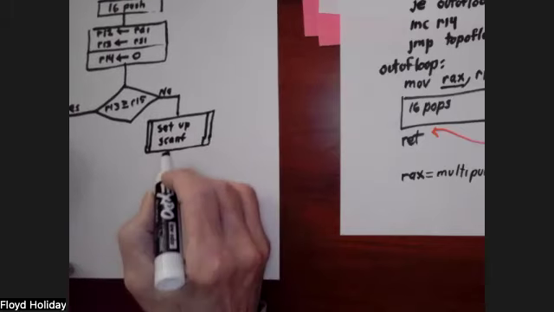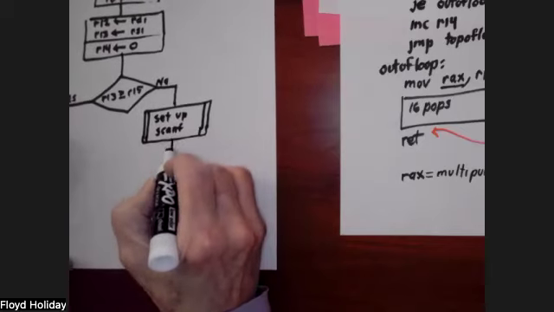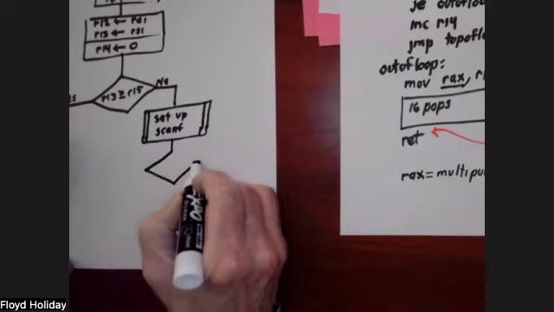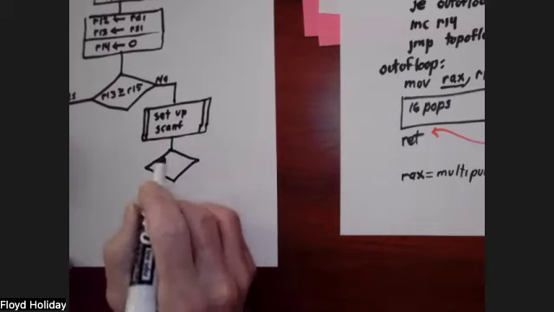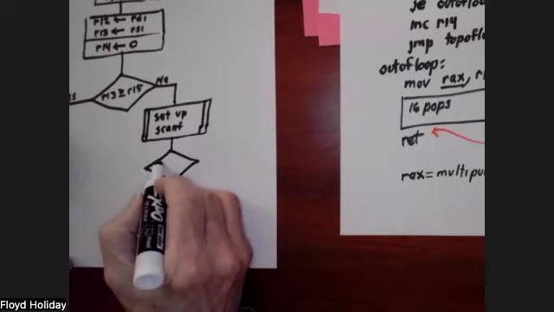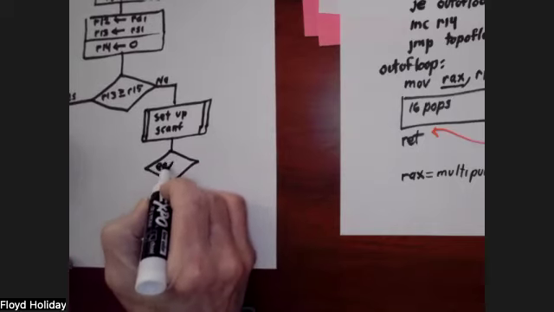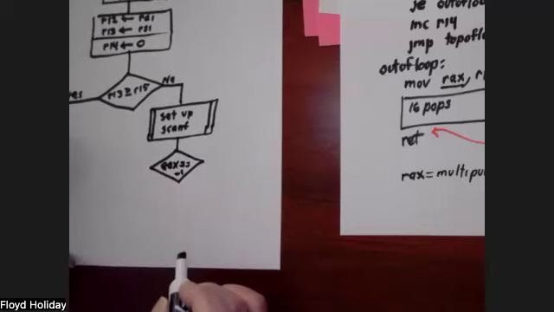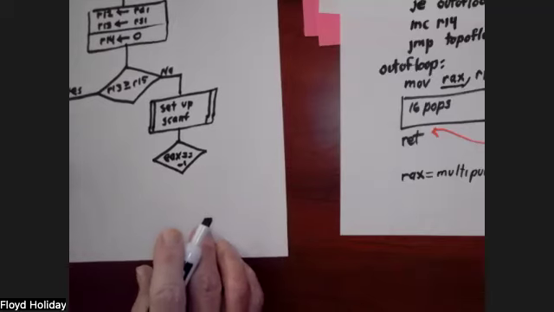And then a diamond means you have to make a decision, if-then-else. And then you're checking to see if EAX equals -1. It's hard to read.